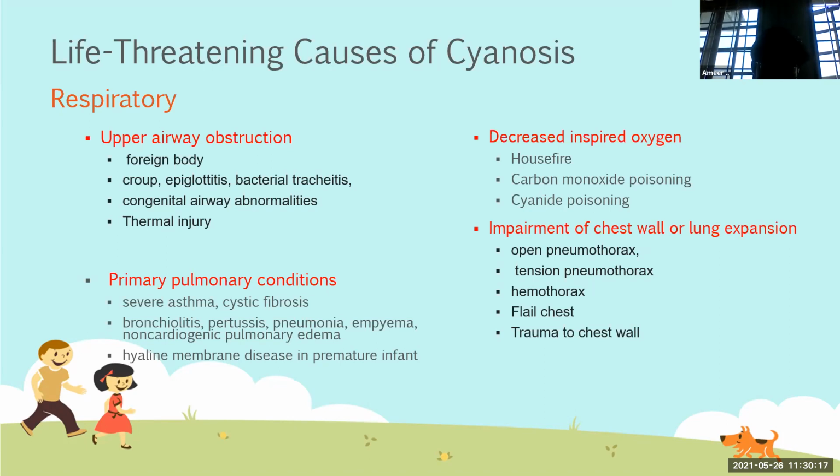is primary pulmonary condition. In severe asthma, when the bronchospasm is too severe, it can also cause cyanosis, and also in the case of cystic fibrosis. And then infection of the pulmonary system, such as bronchiolitis, pertussis, pneumonia, empyema, can also cause cyanosis, and the other cause is non-cardiogenic pulmonary edema.